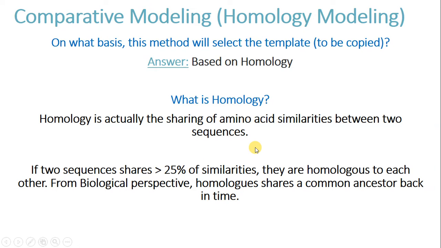So the program will select a template structure for your sequence to build a model based on homology, and if they are homologous to each other, it means back in time these two sequences, the one whose structure we are using also has a sequence. So these two sequences are actually homologs, and they share a common ancestor back in time.